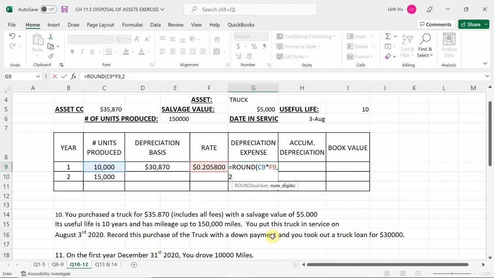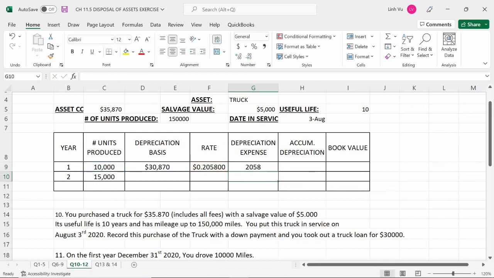No. If I drove 10,000 miles and it's going to cost me 0.2058 per mile, how much do I need to depreciate my truck for? $2,058. Good.